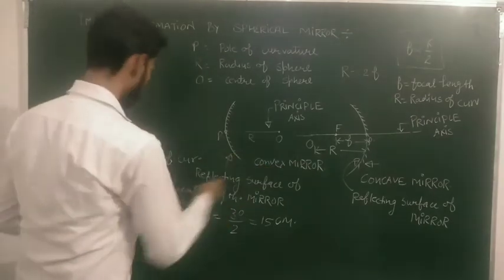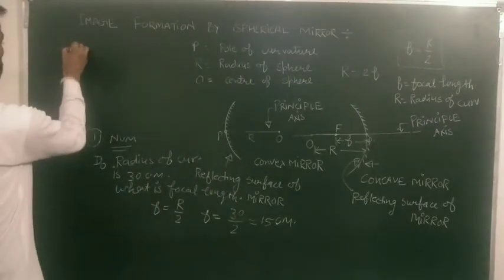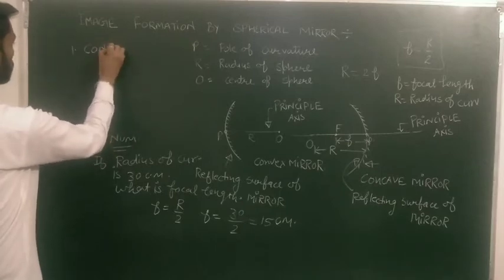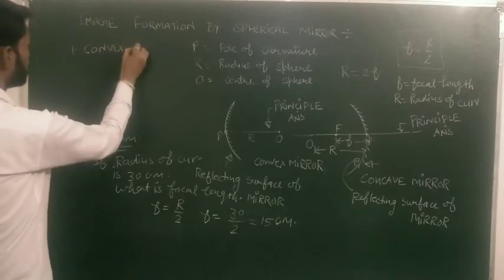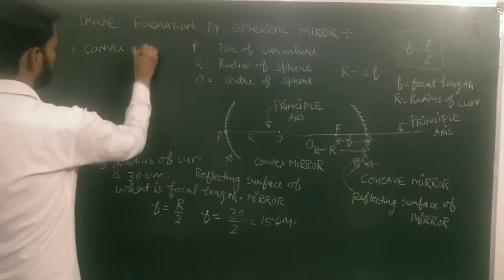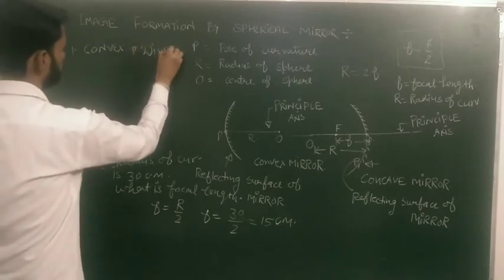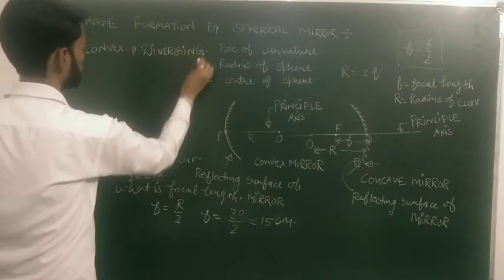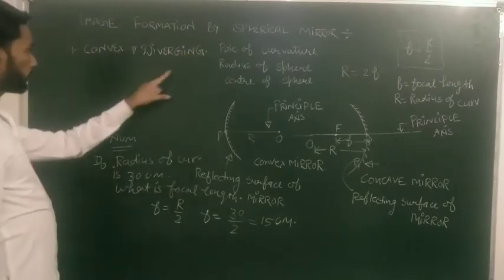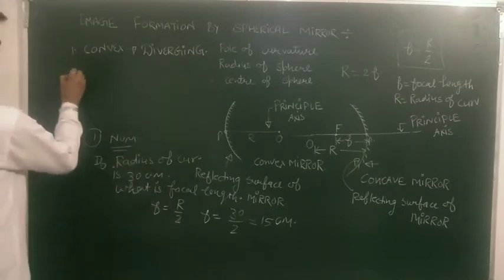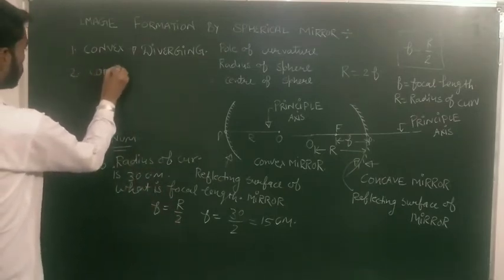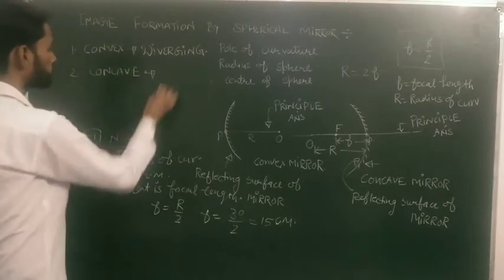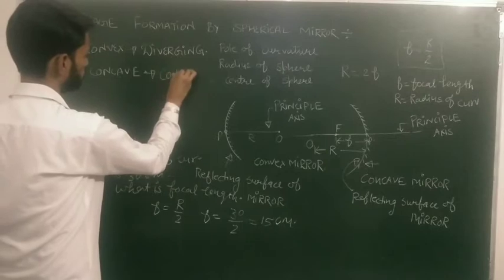Convex mirror is called a diverging mirror. Why diverging? Because it diverges the rays of light. Second, the concave mirror is called a converging mirror.